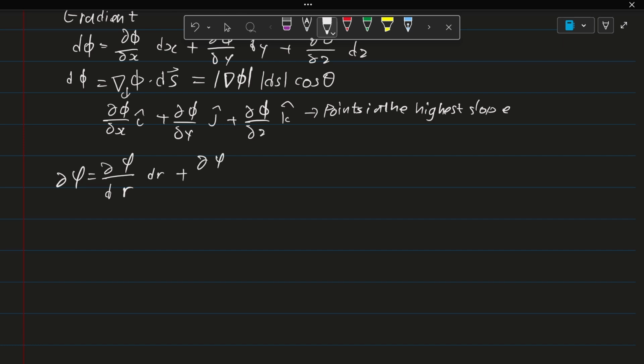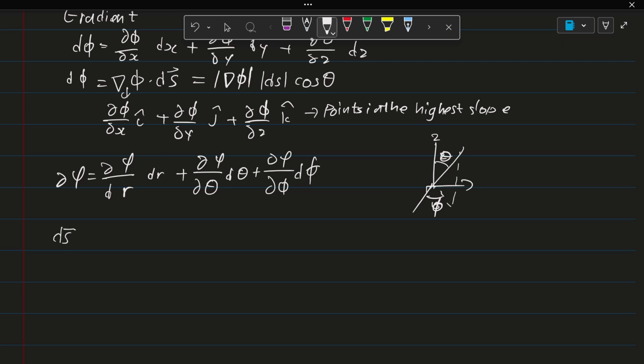And then you also need to consider the component in the theta, where theta is the angle from the z-axis. And then you could find the angle phi, which corresponds to the angle between the x-axis and your vector after you project it towards the xy plane. So that's your partial phi.